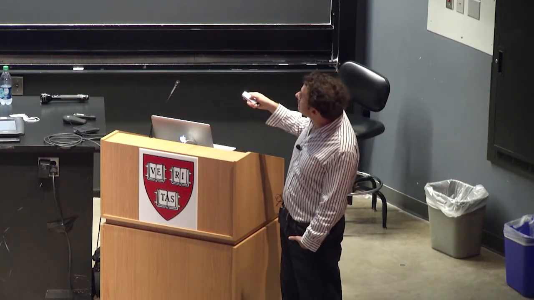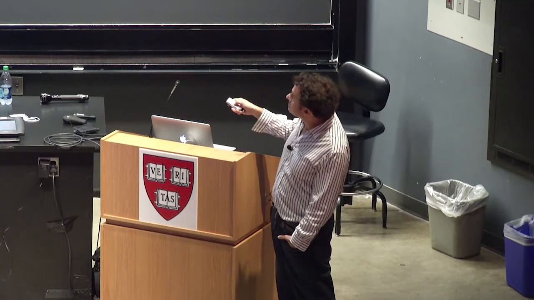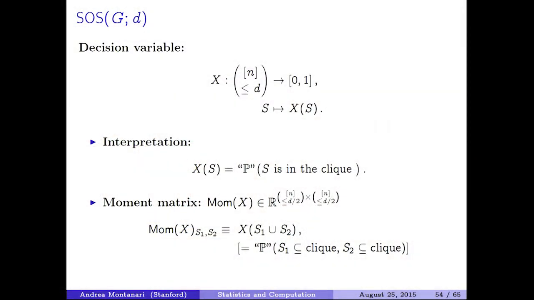And out of this x of S, I construct a moment matrix that is indexed by subsets of size at most d over 2, whose entry S1, S2 is simply x of S1 union S2. So according to this interpretation, it's just the probability that both S1 and S2 are in the clique. So in this sense, this moment matrix is a matrix of correlations.